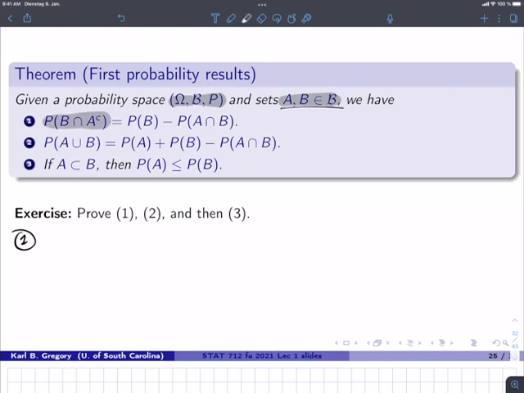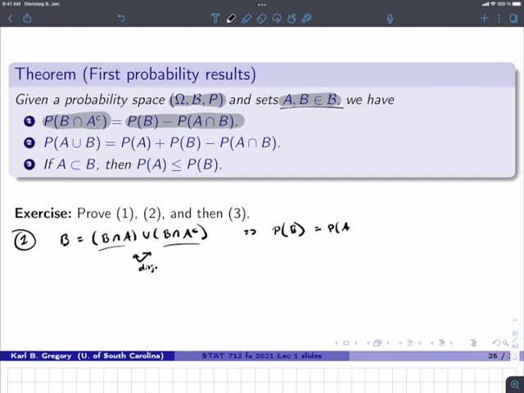To show that the probability of B intersection A complement can be given by this, we can start by writing the set B as the union of B intersect A and B intersect A complement. Now, these two are disjoint, so we can write the probability of B as the sum of those two probabilities: probability of B intersect A plus probability of B intersect A complement.